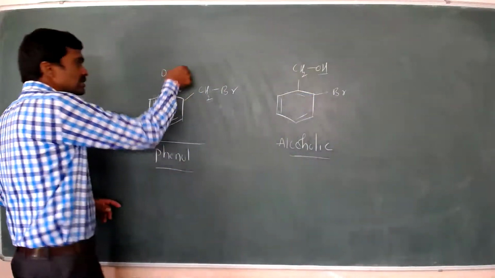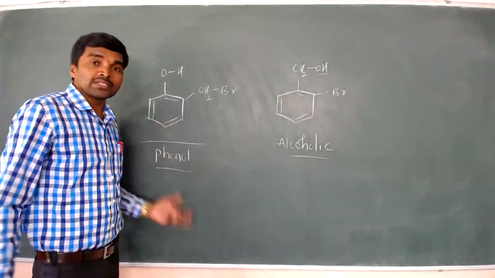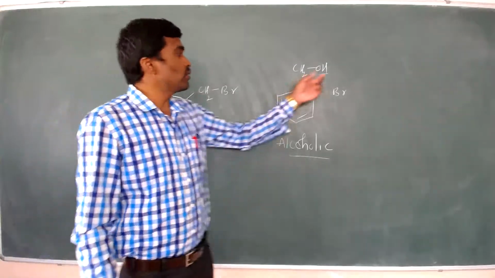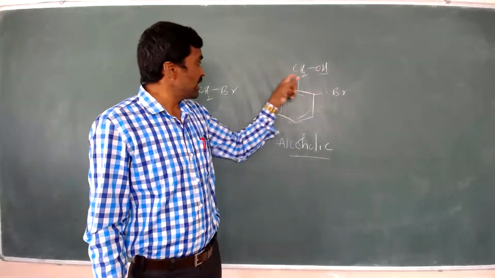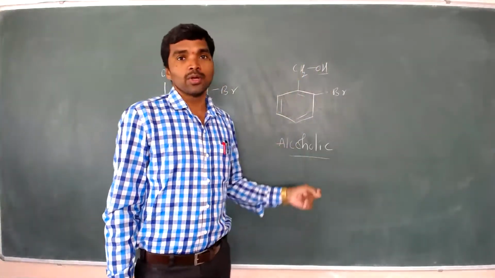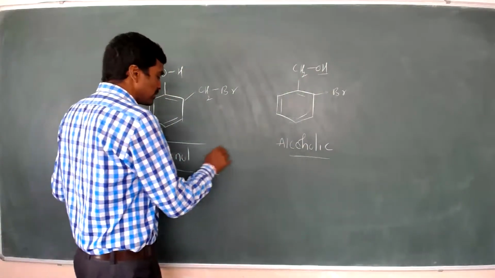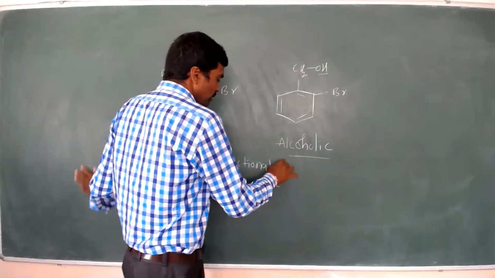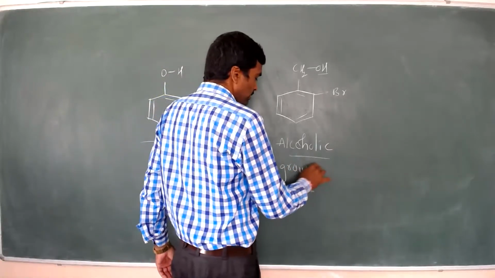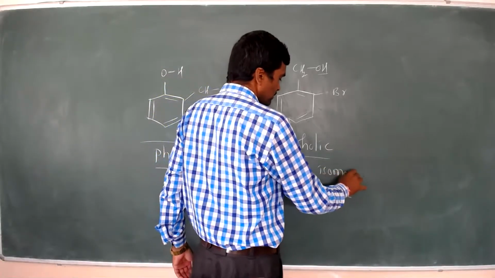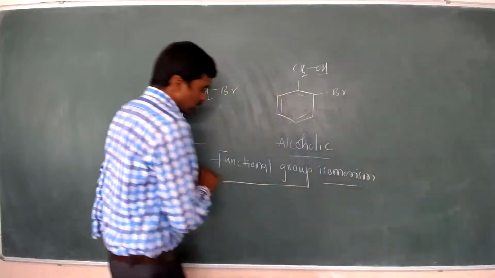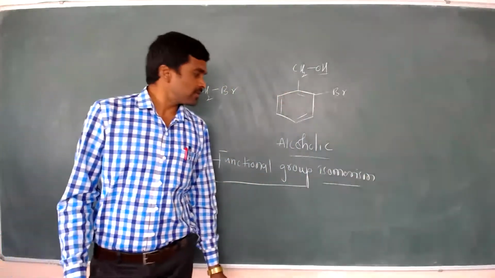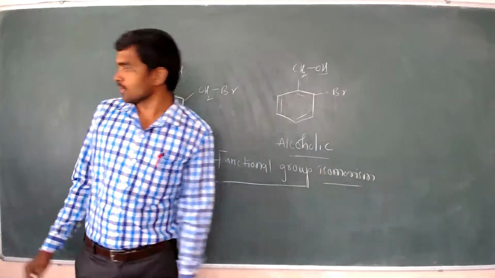Because here OH is directly attached to the benzene ring, a phenolic functional group. Here OH is attached to the CH2 group, an alcoholic functional group. So that's why these two exhibit functional group isomerism only. Okay, just remember this.